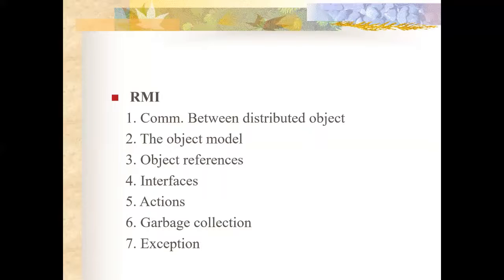Next is actions. An action in an object-oriented program is initiated by an object invoking a method in another object. An invocation can consist of additional information, which is the arguments required to carry out the method.